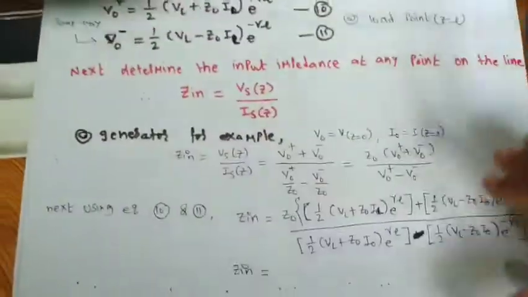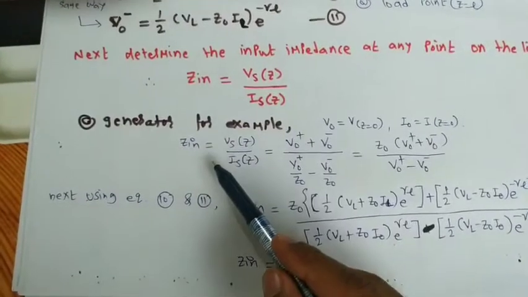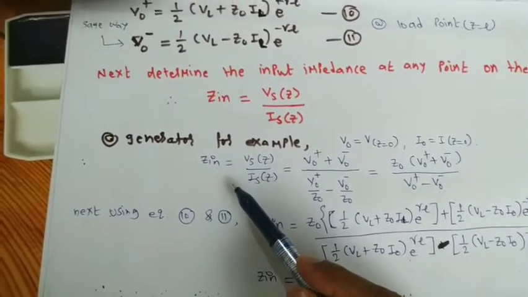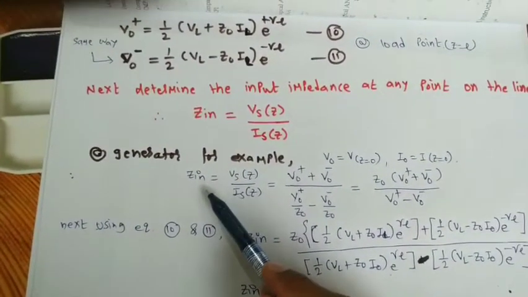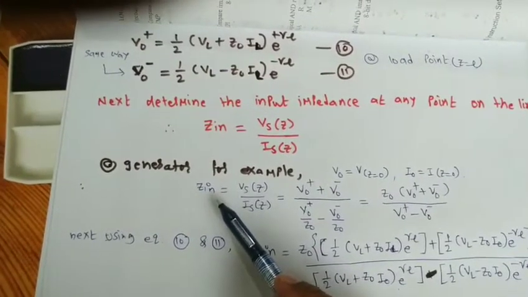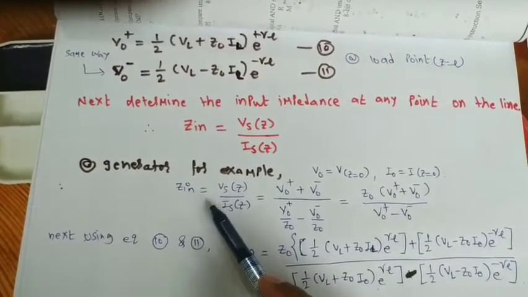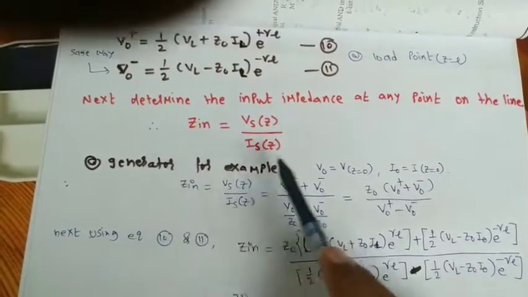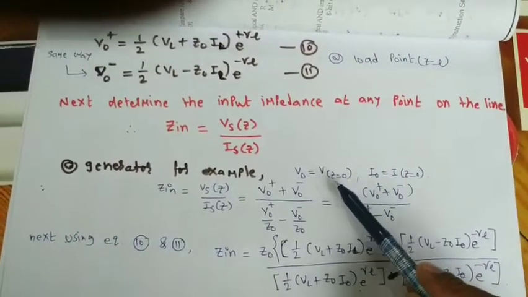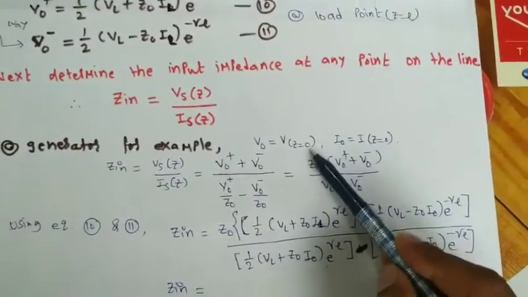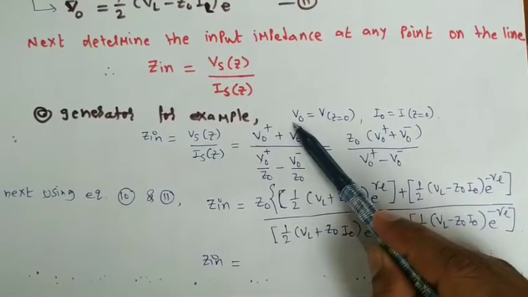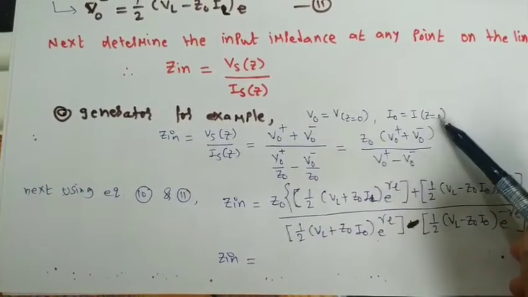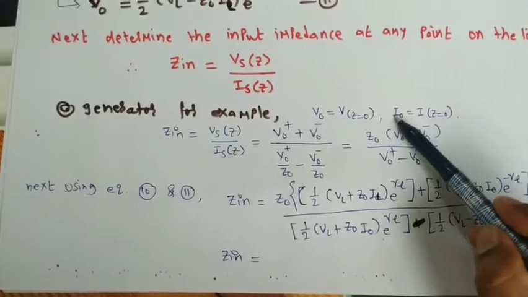I will start with the generator, for example. As we have already seen, at Z equal to 0 we have a V0 voltage, and at Z equal to 0 the current is I0.